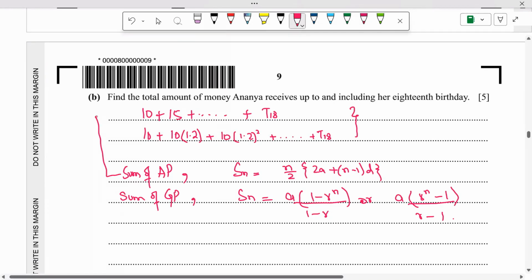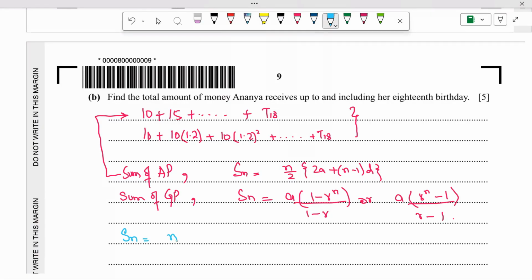Apply the arithmetic formula on the first sequence. In this case Sn is equal to n over 2, in brackets 2a plus n minus 1 times d, where a is equal to 10, d is equal to 5, and n is equal to 18.